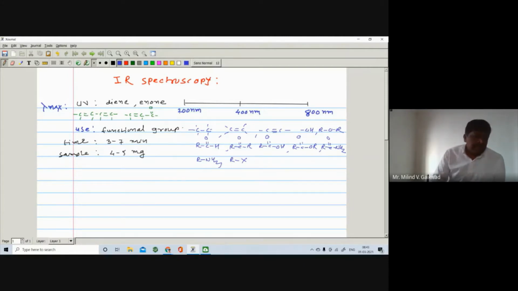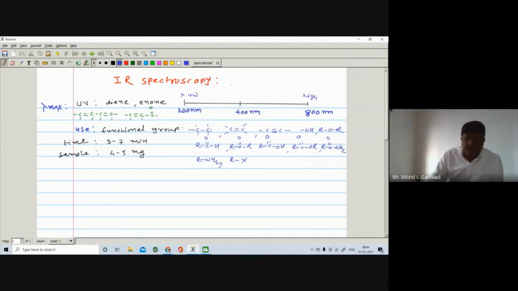Now the UV radiation is 200 to 800 nanometer, so it is very energetic. This is the lambda, from left to right it increases. So at left it is low, and at right it is high. And the energy of UV is more, so UV undergoes rotational, vibrational, and electronic excitation.